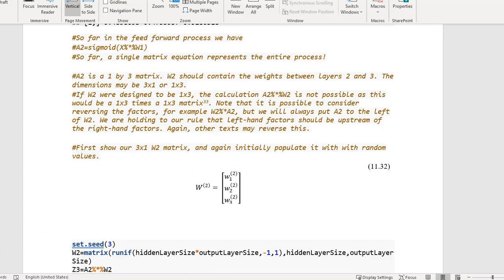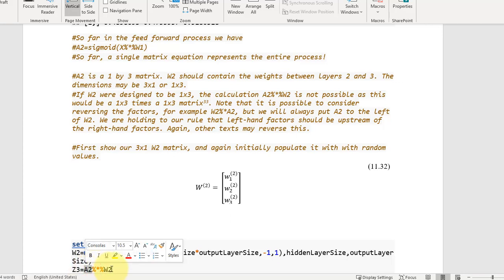So I mentioned that we're trying to have a convention that we always put A2 to the left of W2, because we have a convention that says left-hand factors should be upstream of right-hand factors. So here we have A2 upstream of W2.